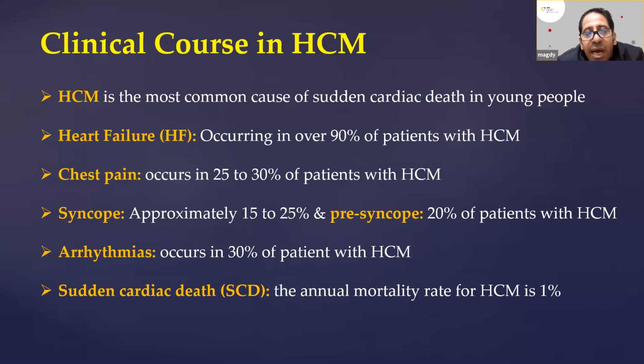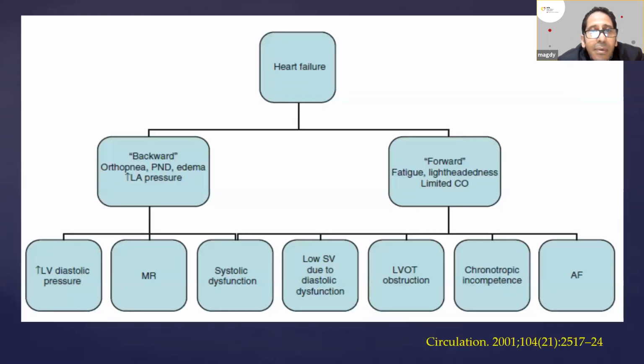Syncope occurs in around 15 to 25%, which could be due to ventricular arrhythmias, left ventricular outflow tract obstruction, or autonomic dysfunction. Presyncope occurs in 20%. Different forms of arrhythmias, like atrial fibrillation and ventricular arrhythmias, occur in 30% of patients. Sudden death is common, and the annual mortality rate for hypertrophic cardiomyopathy is 1%.